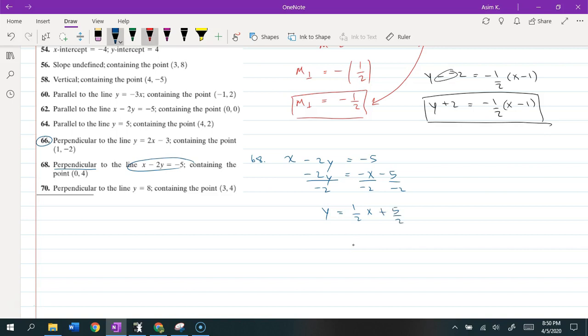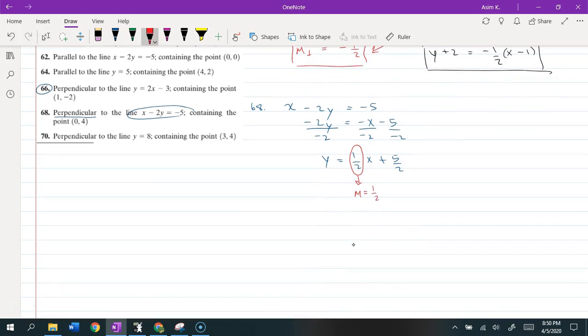But be careful, this is still the equation of the other line, and you know that its slope is a half. So your slope is going to be the negative reciprocal of this slope. And that's putting 1 divided by that. That surprises a lot of people. That's what reciprocal means.